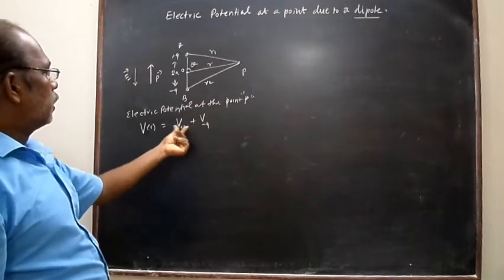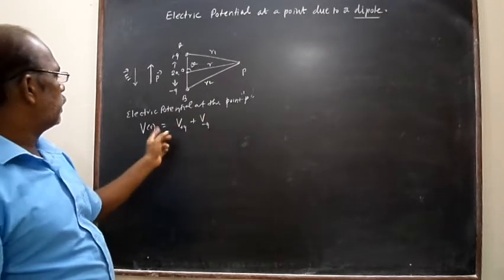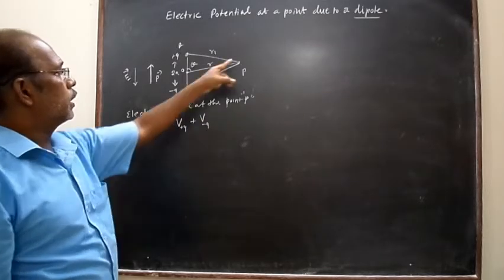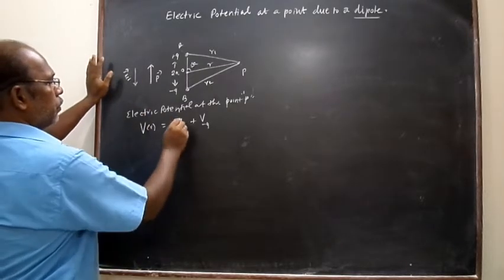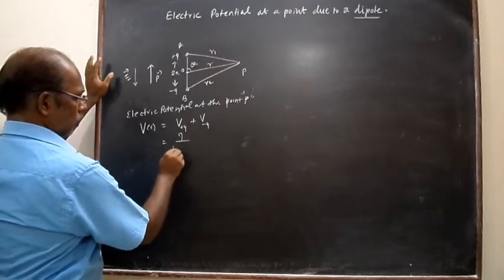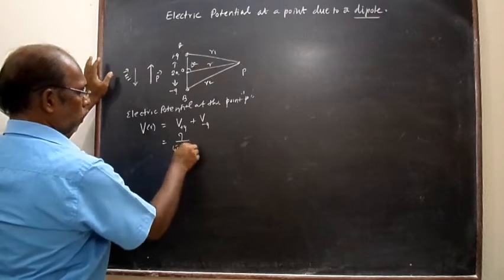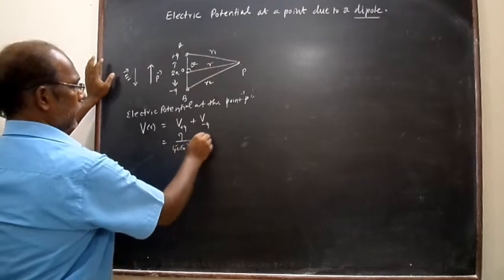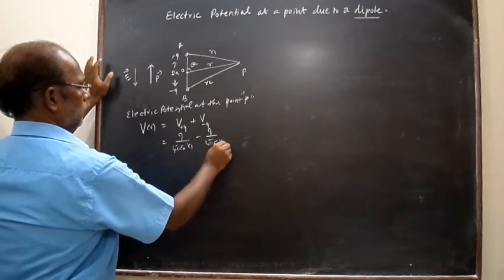Yes, electric potential is a scalar quantity. The sum of these two will give the total potential at this point P. Then V due to plus Q equals Q by 4 pi epsilon naught, what is the distance? R1. Then minus Q by 4 pi epsilon naught R2.